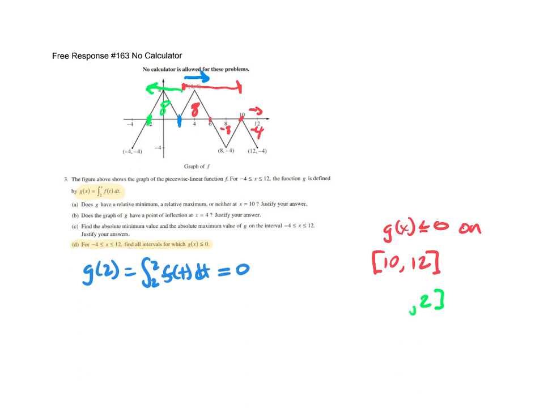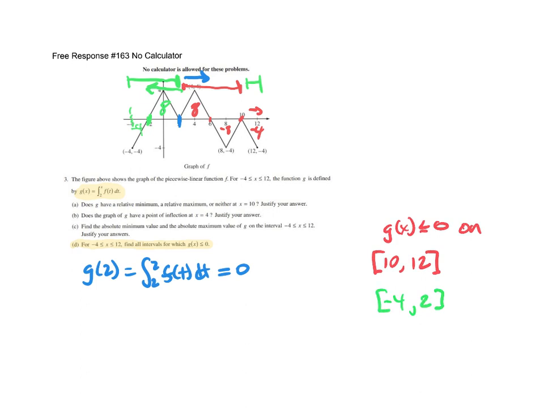I'm at negative 8, and then I start adding on negative area here, but I never make it back to 0. 8 and negative 4 is 4. And remember, it's negative 4 because we're going in the other direction. So all the way to x equals negative 4 in this whole interval here, I'm negative. And then remember, I'm also negative here. All right, so this is all the way to negative 4.